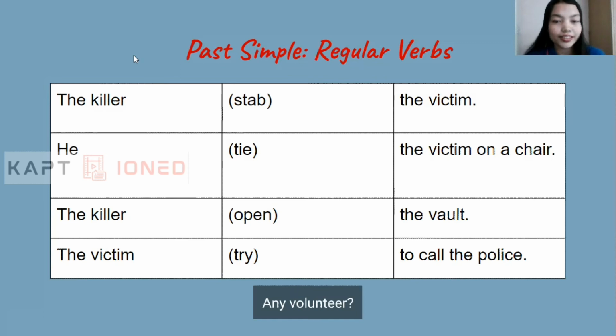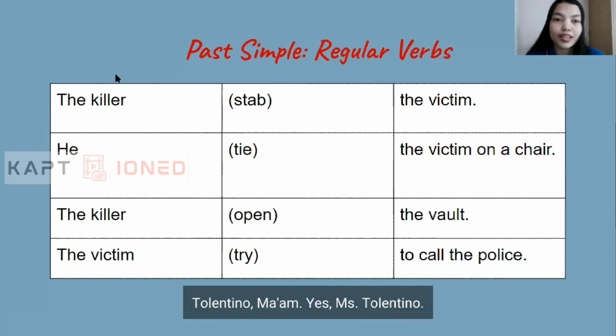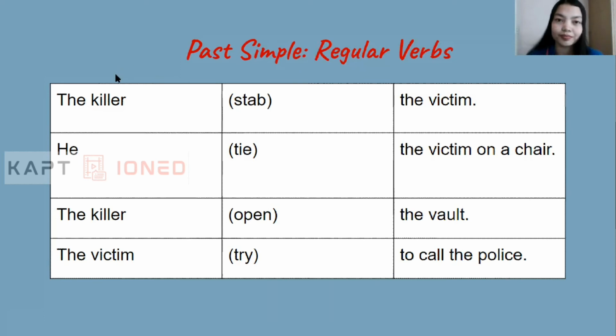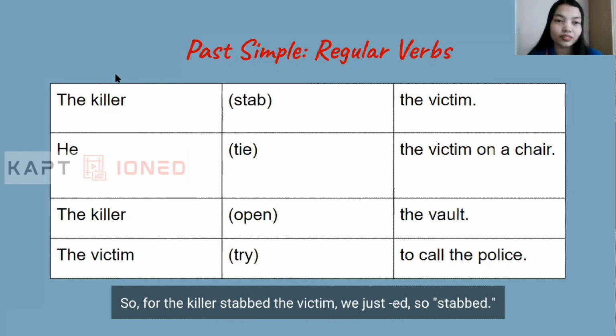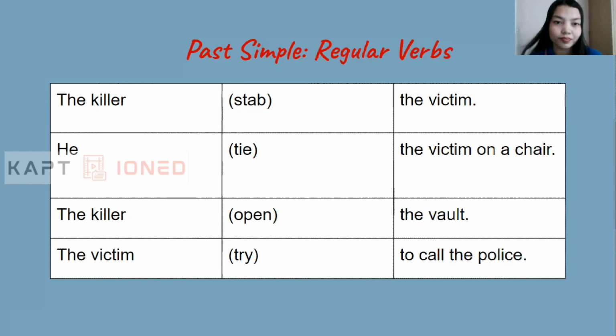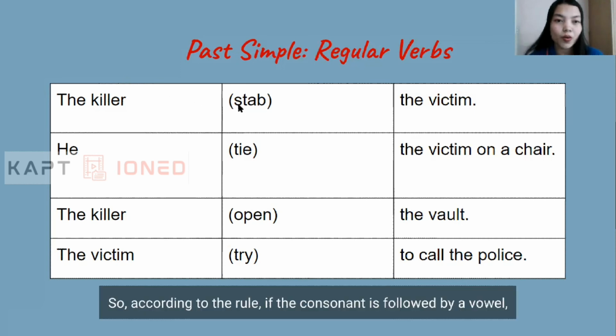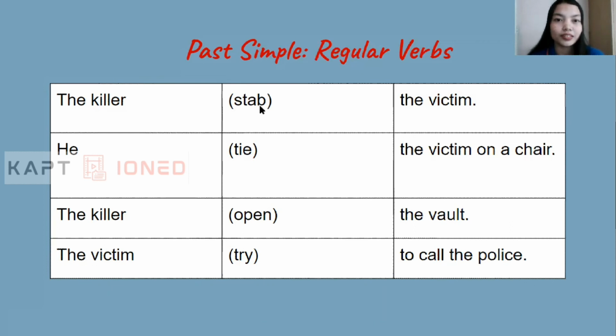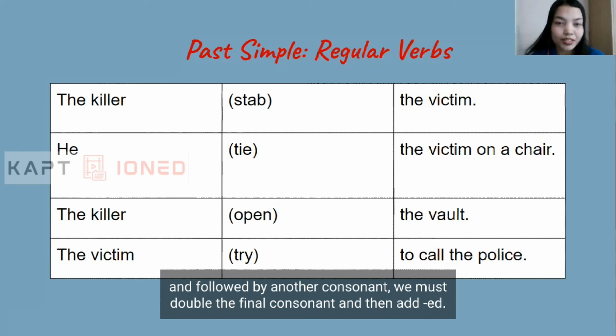Any volunteer? Valentina, ma'am. Yes, Miss Tolentino. For the killer stabbed the victim, we just add ed, so stabbed. According to the rule, if the consonant is followed by a vowel and followed by another consonant, we must double the final consonant and then add ed.